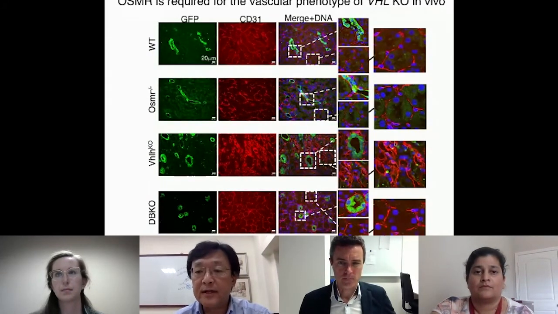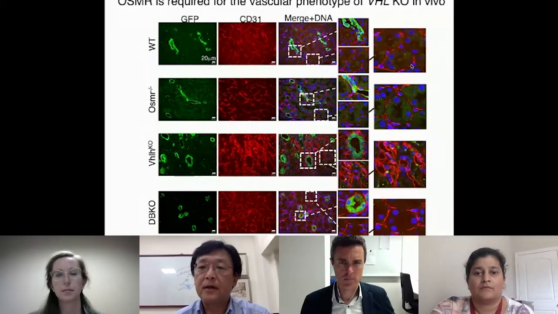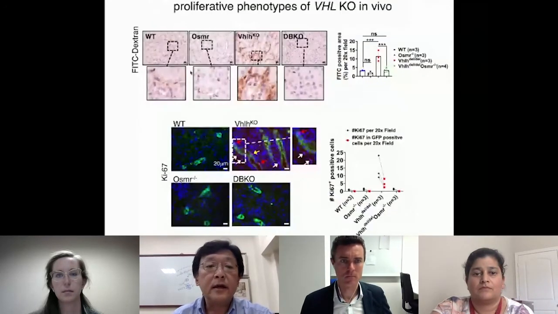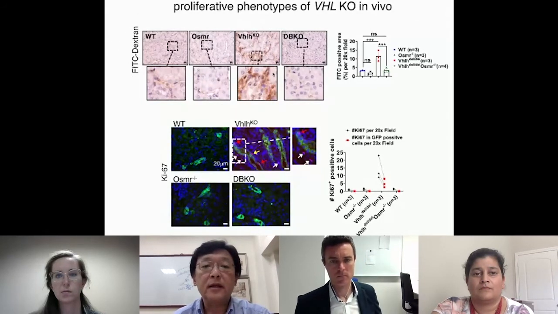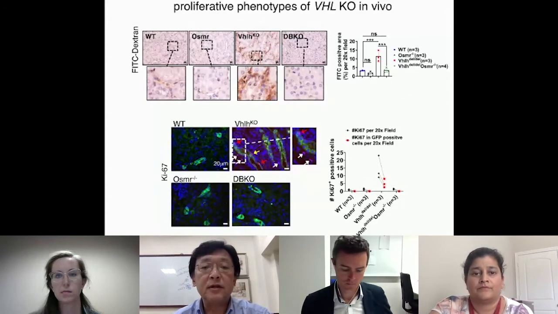abnormal vasculature in the VHL mutant is rescued back to the wild type shape. And the vascular leakage, shown by the injection of FITC-labeled dextran, in the VHL mutants very much diffused out, but the double knockout rescues the phenotypes.